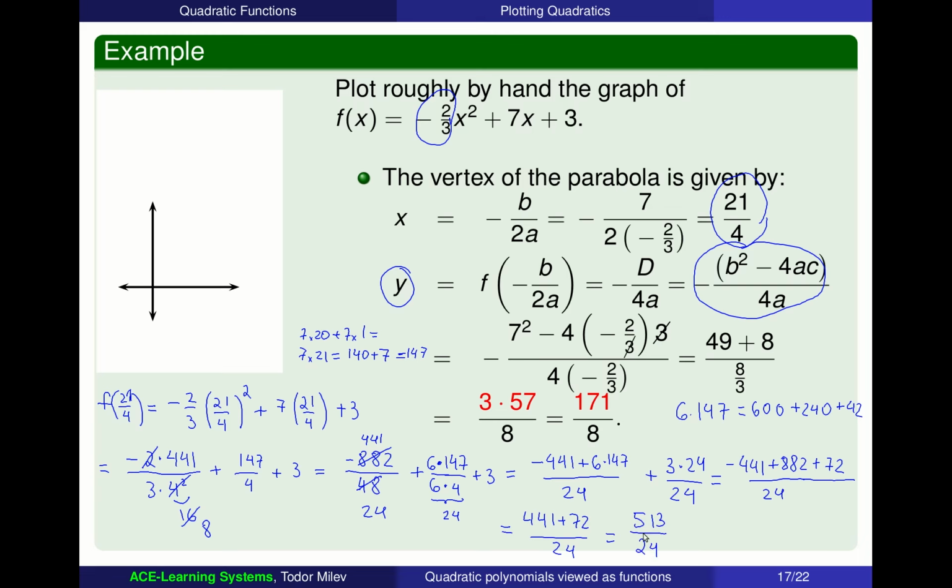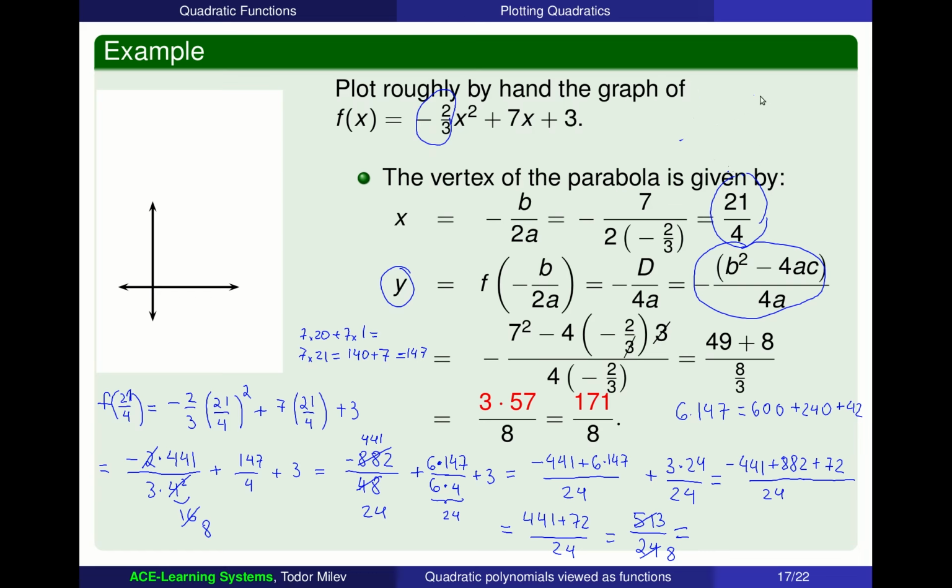Let's check this fraction. The top appears to be divisible by 3, so I can cancel out a factor of 3. 513 divided by 3 equals, I guess 1, then you put 1 times 3, so 1 times 3 is 3, you subtract, you get 2, then 21 divided by 3 is 7, and then 3 divided by 3 is 1, so 171.